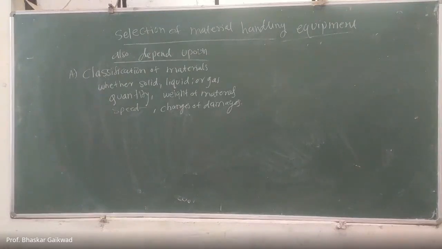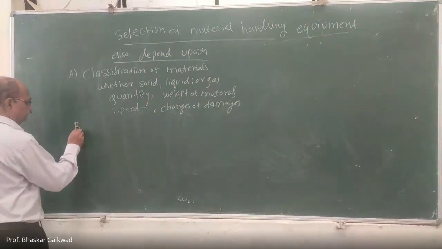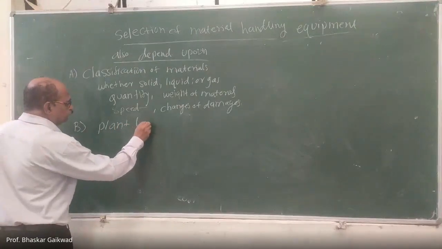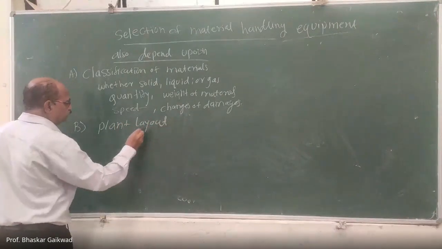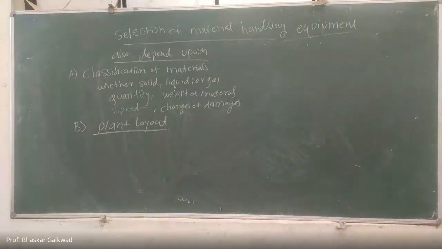Then next is the plant layout. So already we have discussed there are different types of layout: process layout, product layout, then fixed or group layout.